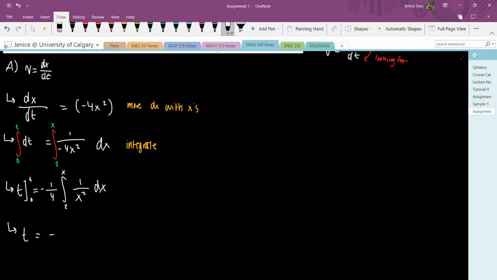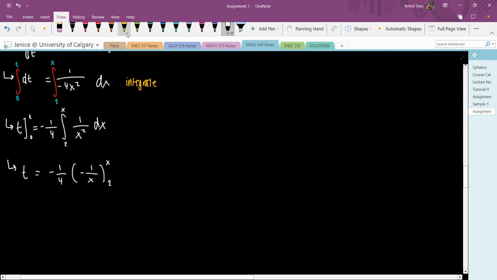And continuing to integrate this, we have negative 1 over 4, and this is negative 1 over x from 2 to x. Okay, and we don't need a plus c because we have these bounds.